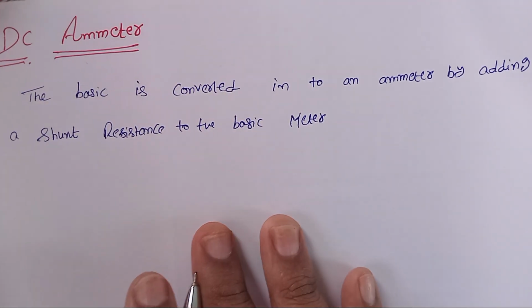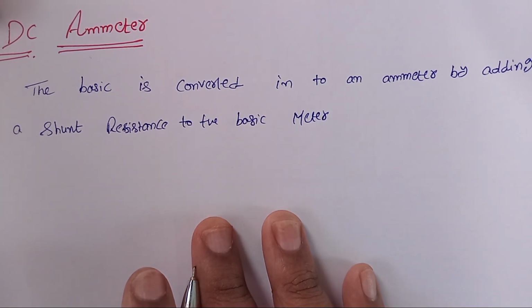That means simply by adding a shunt resistance to the basic meter, it becomes an ammeter.